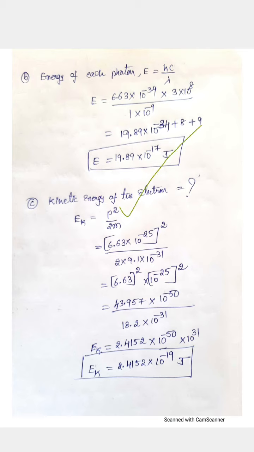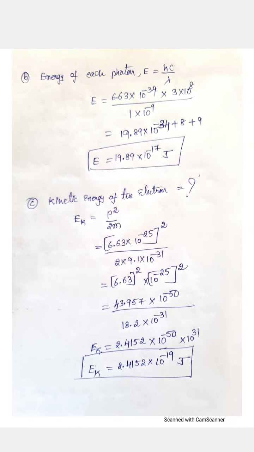Kinetic energy of the electron is equal to p square by 2m. P is the momentum of the electron, 6.63 into 10 to the power minus 25, divided by 2 into the mass of the electron. What is the mass of the electron? 9.1 into 10 to the power minus 31. Now we are going to simplify this. 6.63 whole square into 10 to the power minus 25 whole to the power 2.